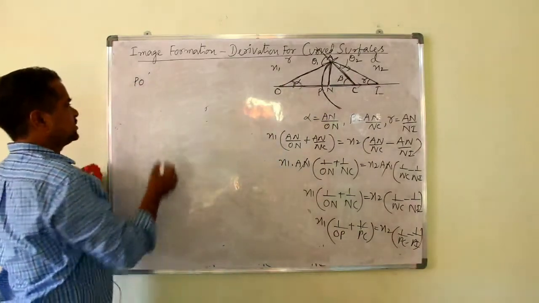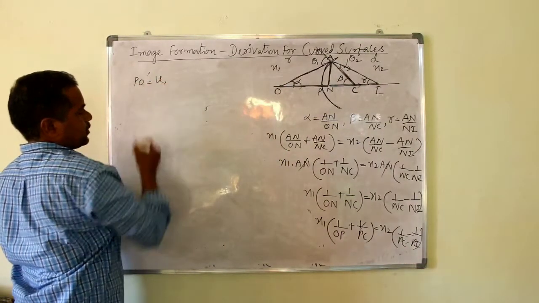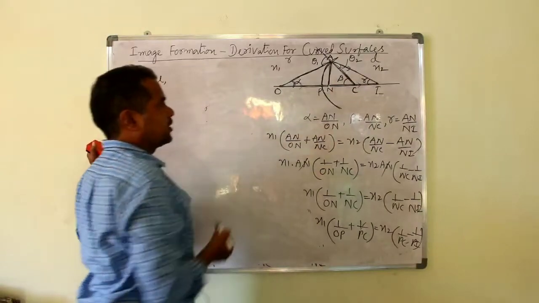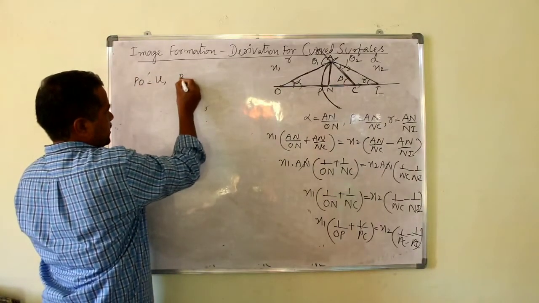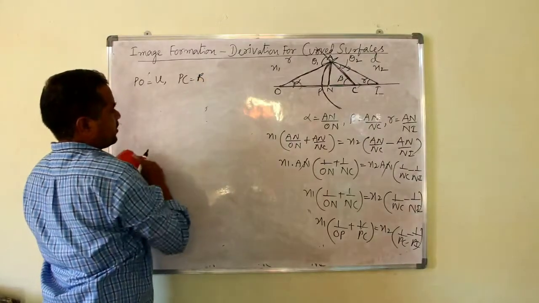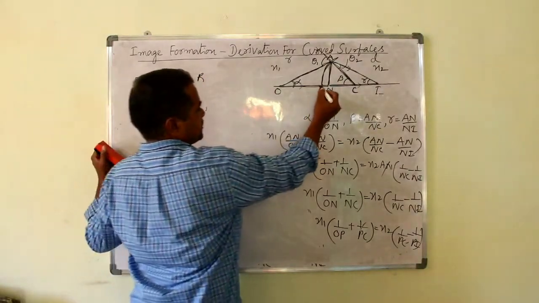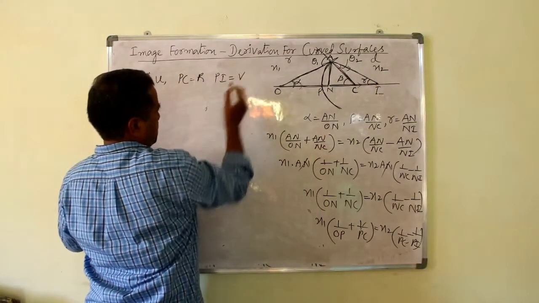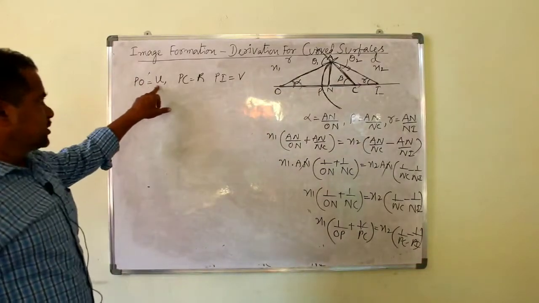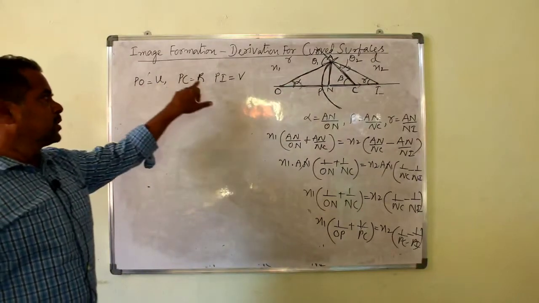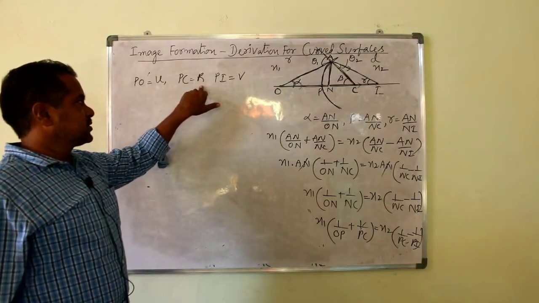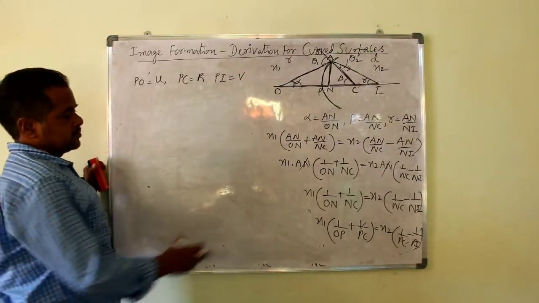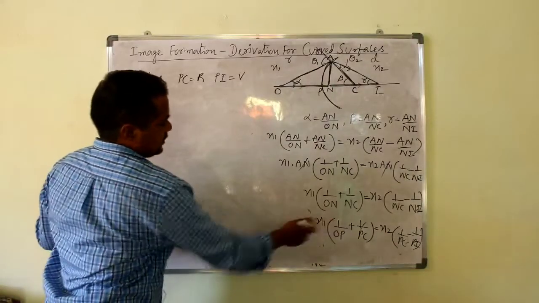In optics, the distance of the object is denoted by the letter U. PC, the distance between optic center and center of curvature of the curved surface, is called the radius of curvature, denoted by the letter R. The distance between optic center and image is denoted by the letter V. Substitute all these values in this equation.